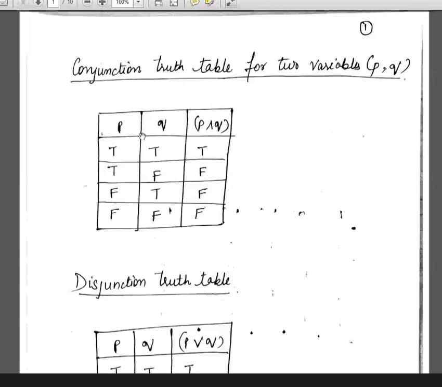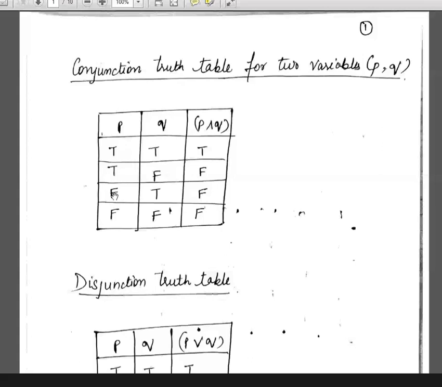In the first row, true and true makes true. So we are taking conjunction, it is called and. True and true is true. For the second one, true and false is false. What I told you, if any one is false, it is false in conjunction, because it behaves somewhat like intersection.